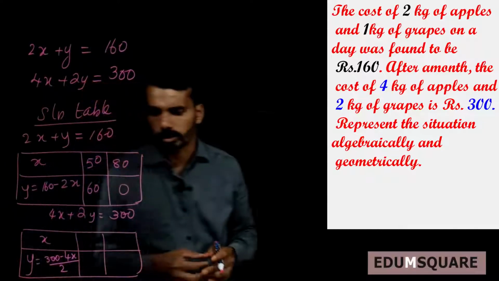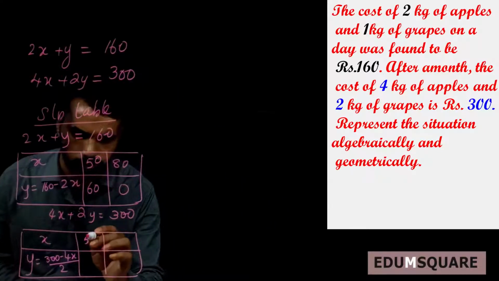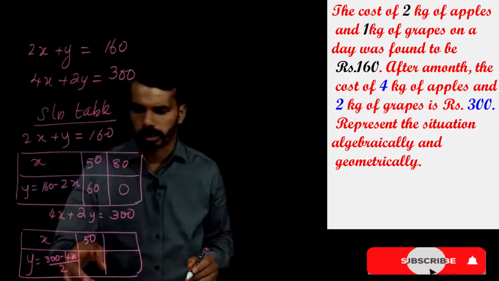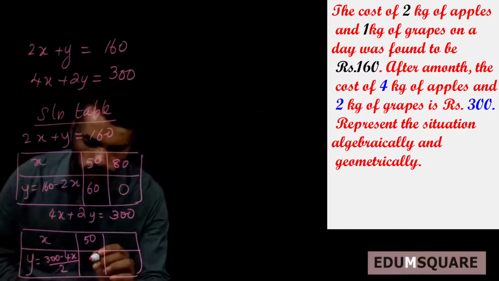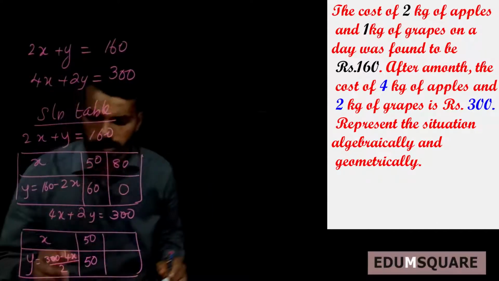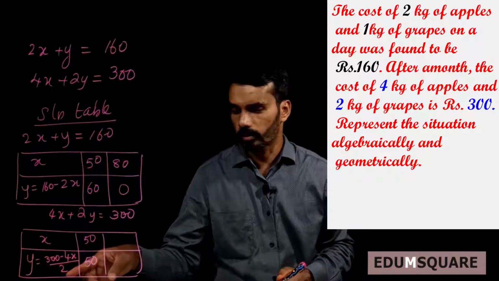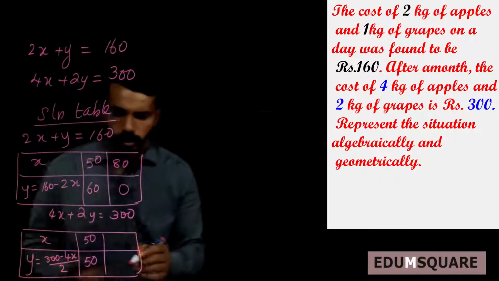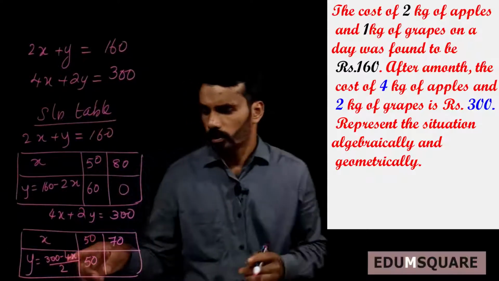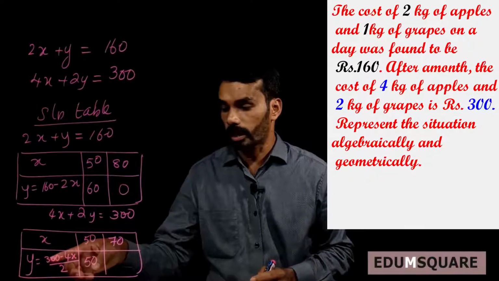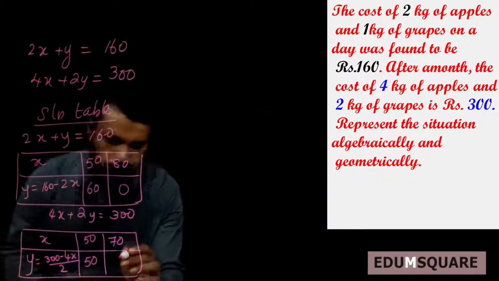So I put x is equal to 50. Now this becomes 300 minus 200 divided by 2, so y becomes 50. Right? 4 into 50 is 200, so 300 minus 200 is 100, divided by 2 is equal to 50. Now put 70 for x. So this becomes 4 into 70, 280. So 300 minus 280 is 20, divided by 2 is equal to 10.